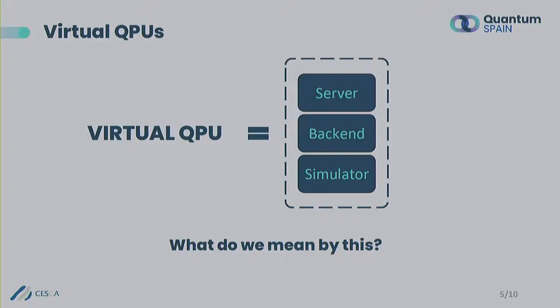Then the circuits are actually simulated by the low-level simulator, according to backend properties. The backend includes the number of qubits, topology, coupling map, noise profiles, and everything else that the simulator needs in order to emulate the behavior of a real QPU.